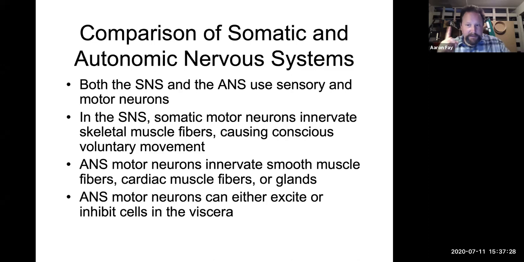The one thing to remember, autonomic motor neurons can either excite or inhibit cells. So what that means is a particular autonomic neuron may turn on your salivary gland, or it may turn off the salivary gland. So it can be a little bit confusing.